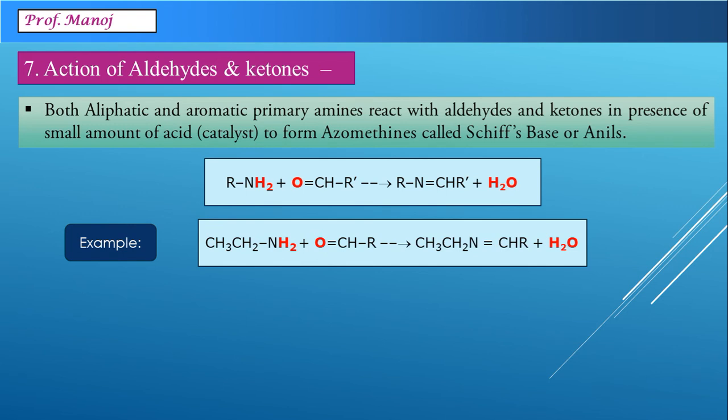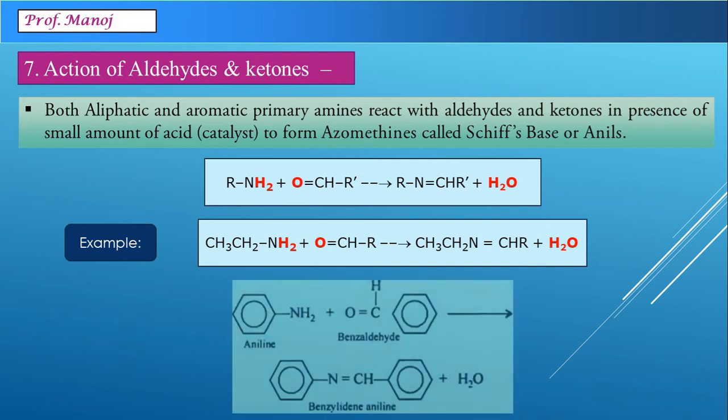If I replace this R with some group like C2H5, we can get the corresponding product. Here the R group of amine and R group of aldehyde could be same or they can be different also. Here we are taking an example of aniline with benzaldehyde, where we get the compound which is a Schiff's base of aromatic nature.